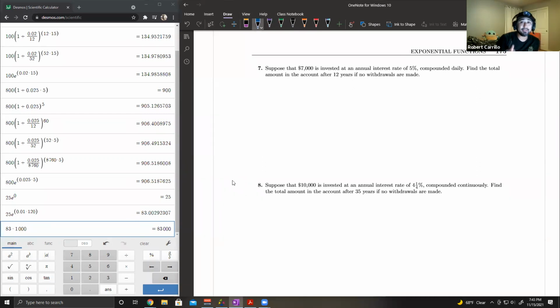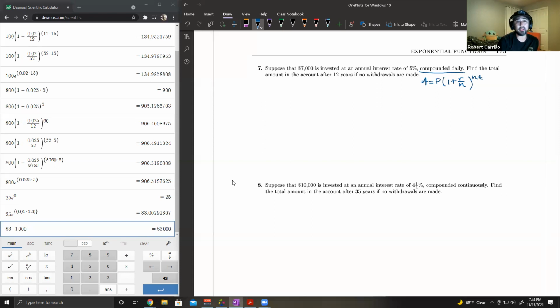The easiest giveaway to know what formula you're using is to look for the words. It says we are compounding daily. If you are compounding over a certain amount of time, you will use the compound interest formula, A equals P times 1 plus r over n to the nt.